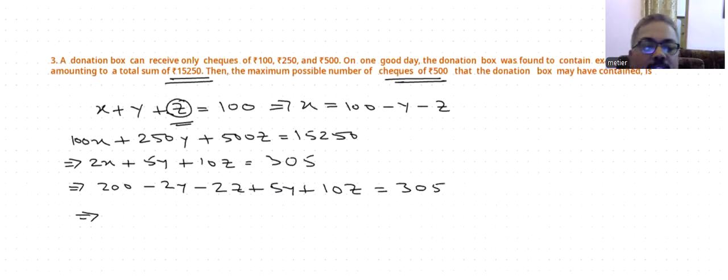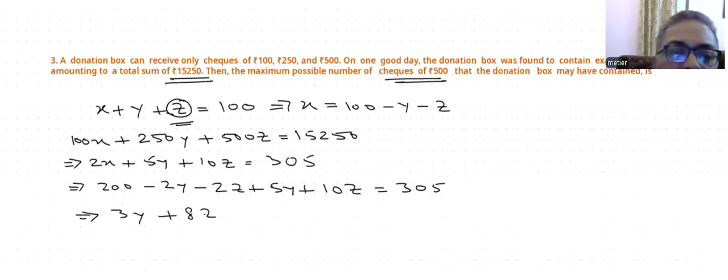I am in a hurry, that's why I am missing something, sorry for that. Now it is coming at 5y minus 2y, it is 3y, 10z minus 2z, it is 8z, and 305 minus 200, it is 105. Right. Single equation with two variables, linear equation.